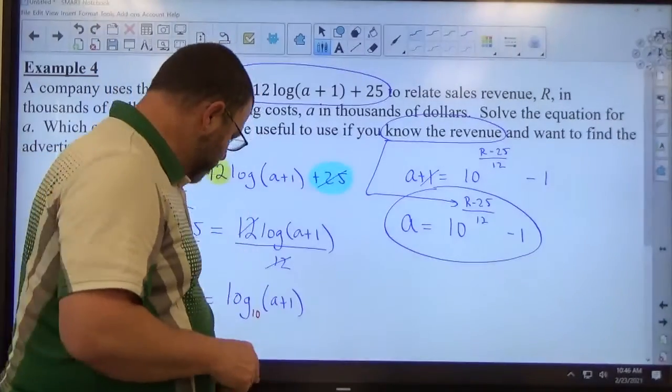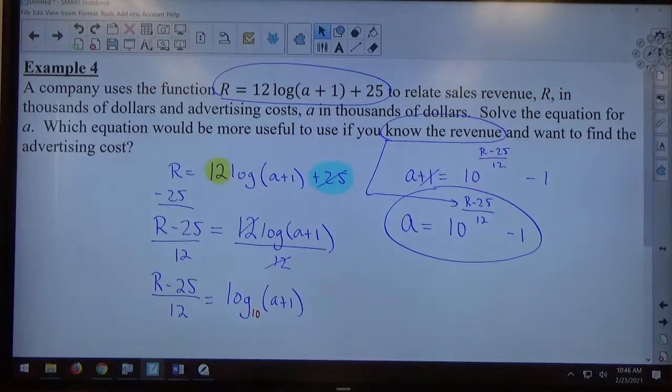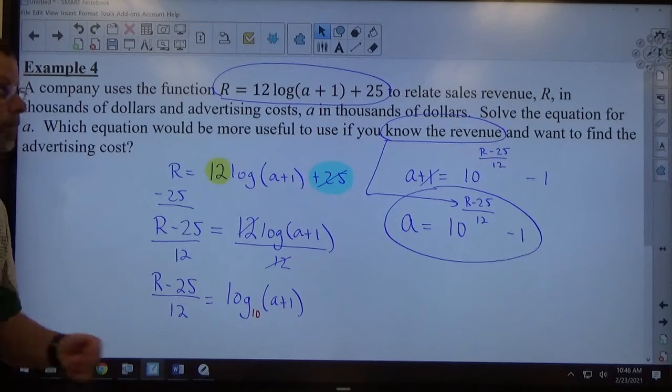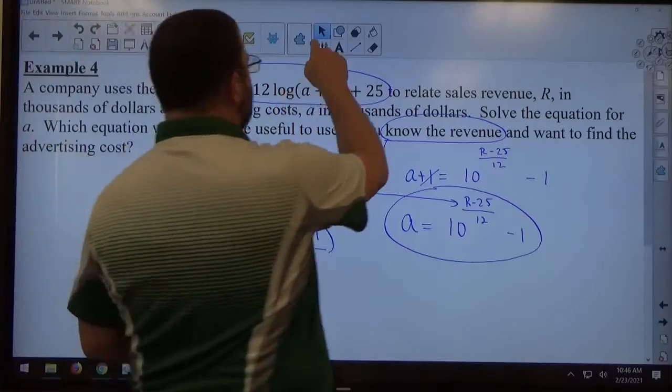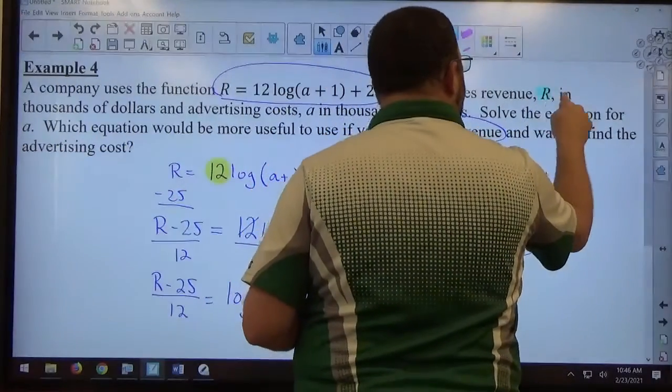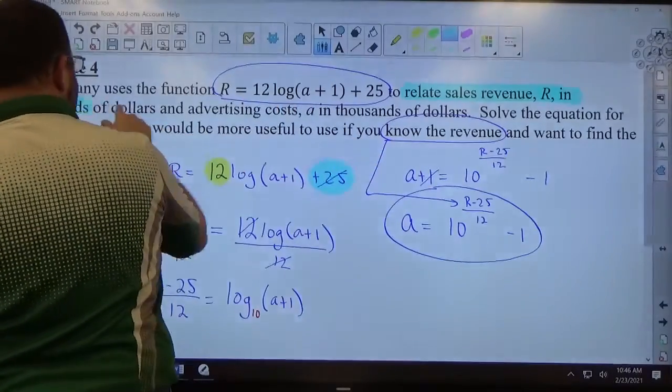So let's just imagine this company has a revenue of $75,000. If the revenue is $75,000, what would r equal? Let's look and see what r represents. r is the sales revenue in thousands of dollars.